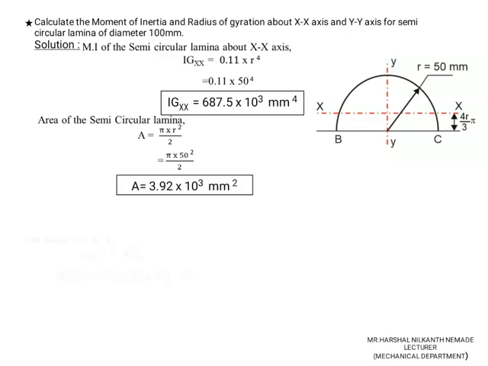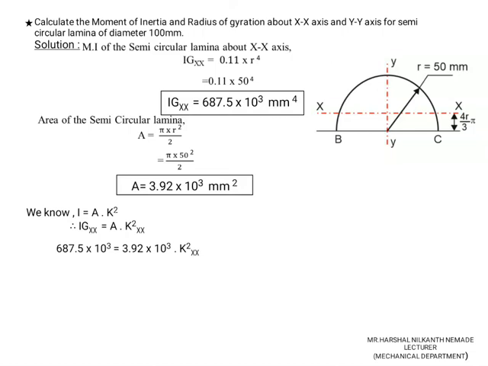After the area, I will calculate the radius of gyration. We know I is equal to A into k square, where k is the radius of gyration. Therefore IGXX is equal to A multiplied by kxx square.